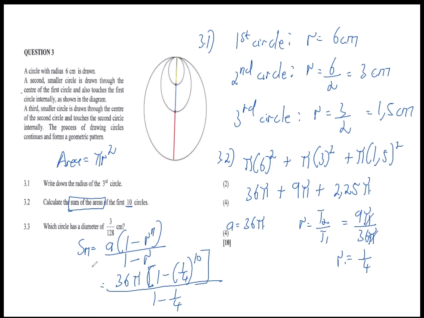Now it's just a matter of punching all of this into your calculator. So the sum of 10 terms is 150.80, rounded off to 2 decimal places. And that's it.